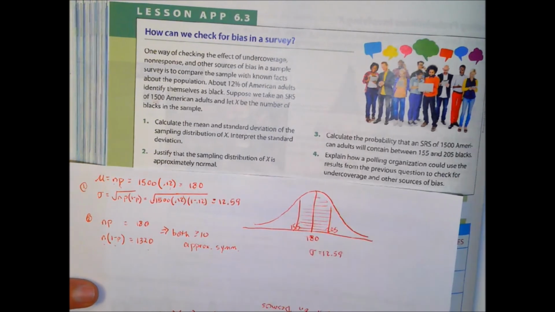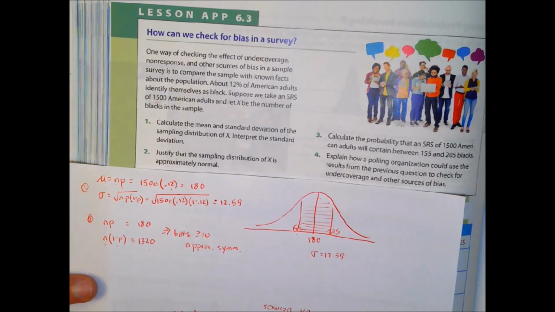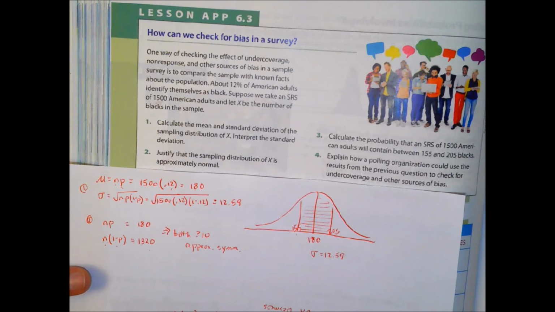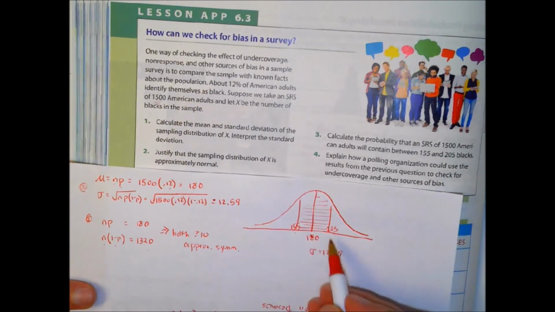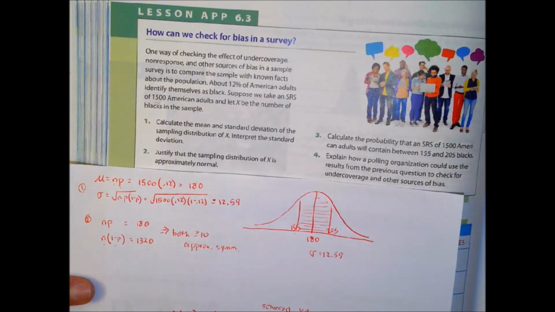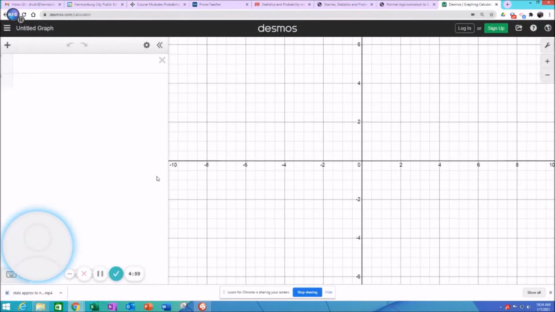So if I take a sample, what's the probability you're going to have between that many blacks in this sample? Okay, so we would go to the normal distribution, and I'll show you that in Desmos here in this other video. So we're going to use the normal distribution like we did last chapter.